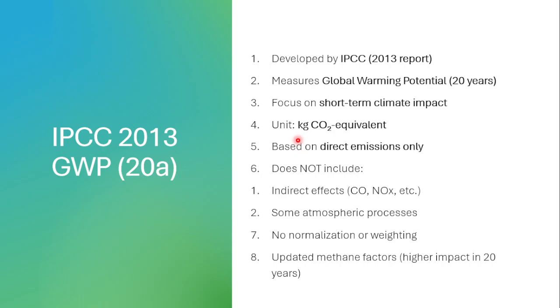This methodology considers only direct greenhouse gas emissions, with results in kilograms CO2 equivalent. It does not include indirect effects or atmospheric interaction and has no normalization or weighting. The updated methane factor reflects its strong short-term warming effect. Overall, this method is useful for analyzing near-term climate change and mitigation strategy.